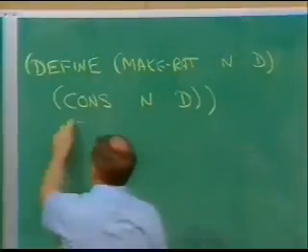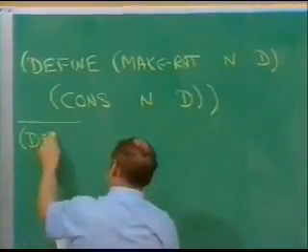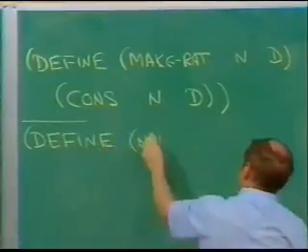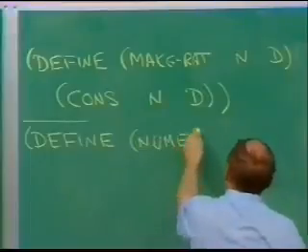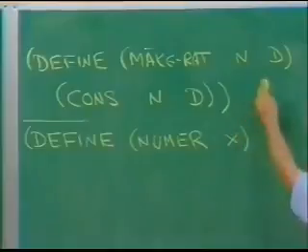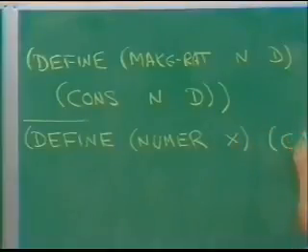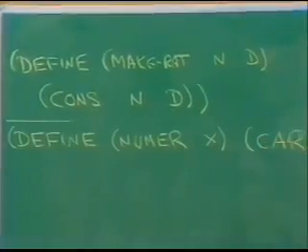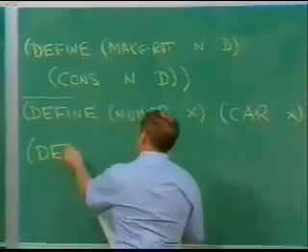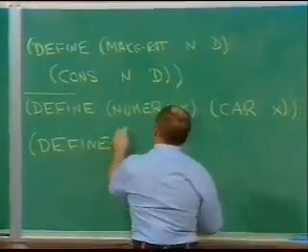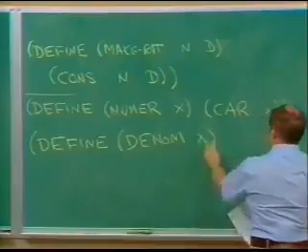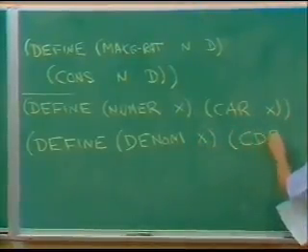And then if I want to get the numerator out, I can say define numer of some rational number x. If the rational number is implemented as a pair, then all I have to do is get out the car of x. And then similarly, define denom is going to be the cdr, the other thing I put into the pair.